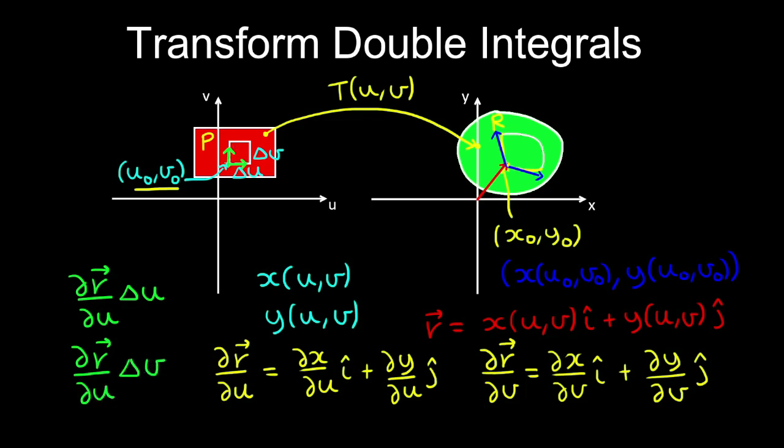So as we walk a distance of delta v along this edge in the uv plane, then we walk some distance along this vector in the xy plane. So essentially we're just multiplying the vectors, each by a scalar. So these tangent vectors look something like this, for example. So these essentially form a parallelogram.